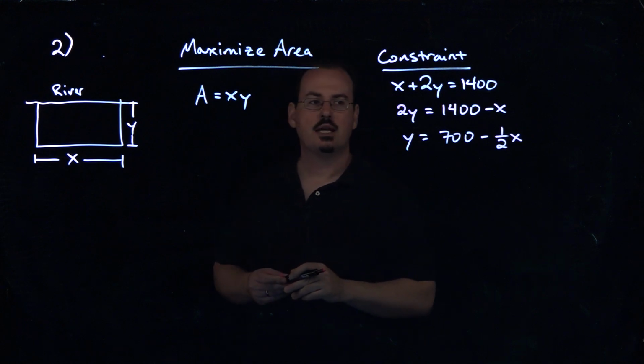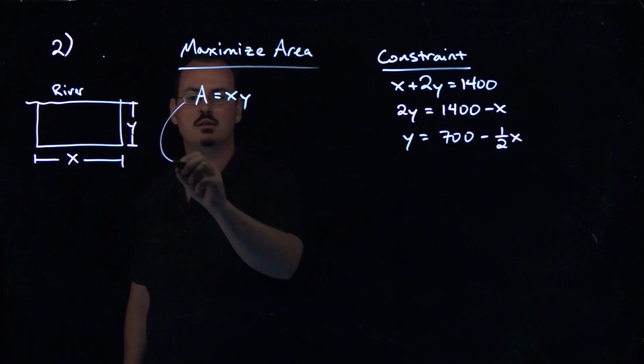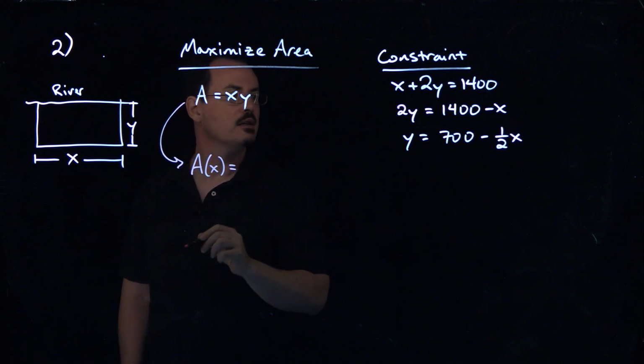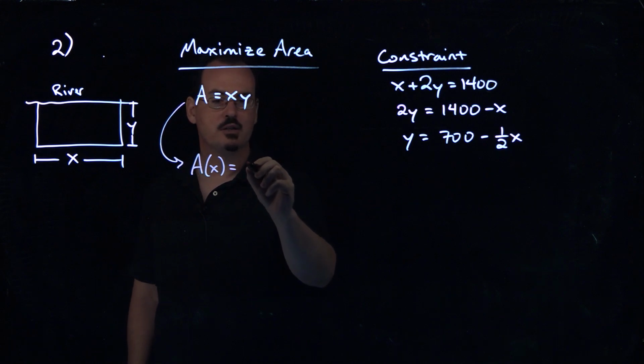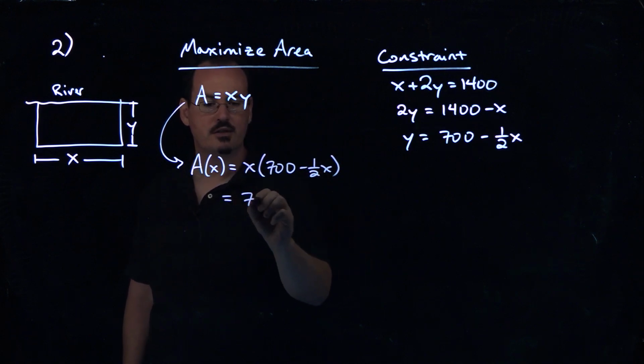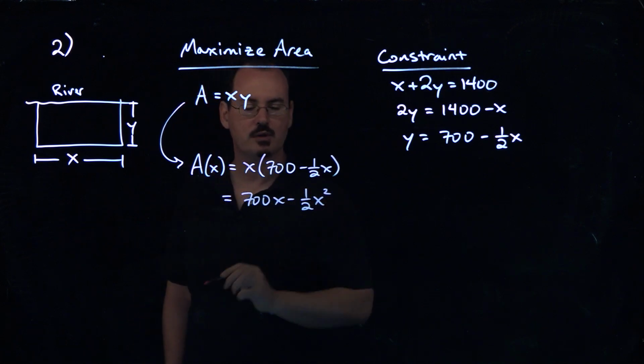That will allow me to eliminate this variable y here, and I'll get A as a function of x alone, which is what I want. So I can plug in the y value, 700 minus 1/2 x, and distribute that, so we get 700x minus 1/2 x squared.